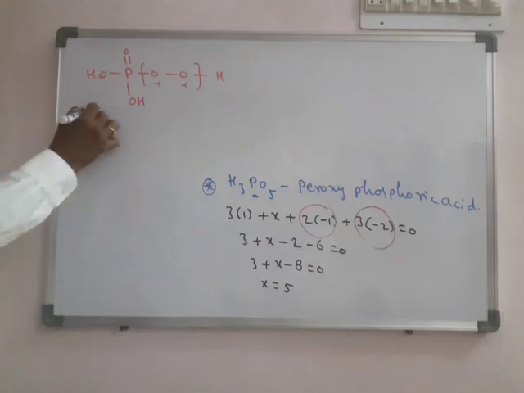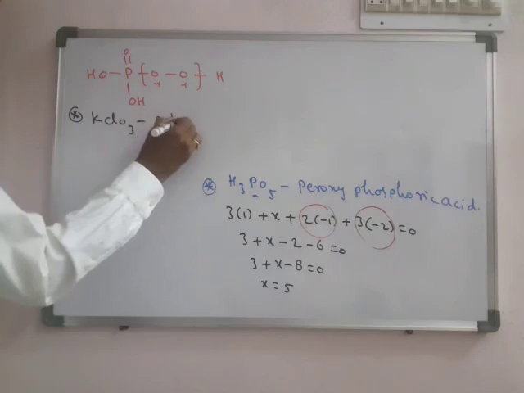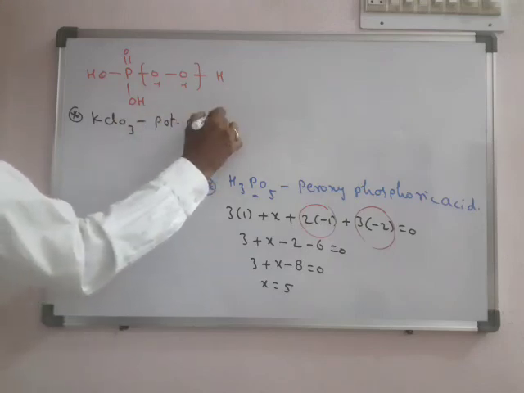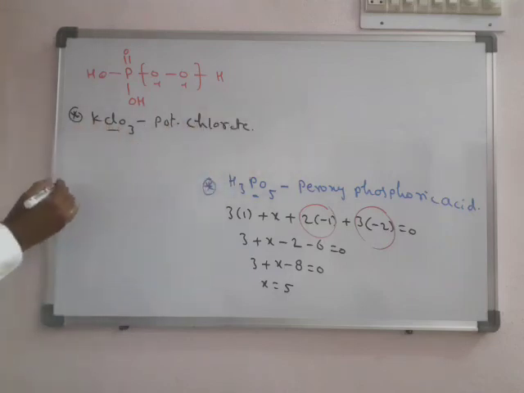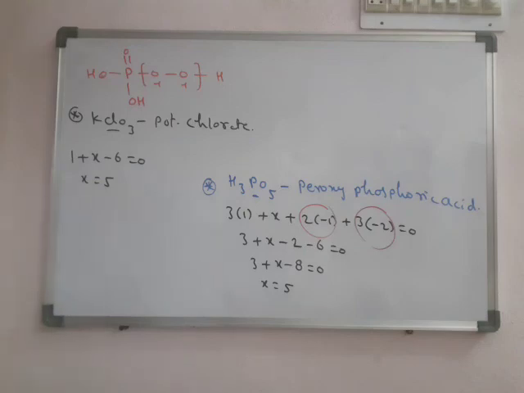So take another example, potassium chlorate. What is the Cl oxidation number? 1 plus x, 5. Okay.